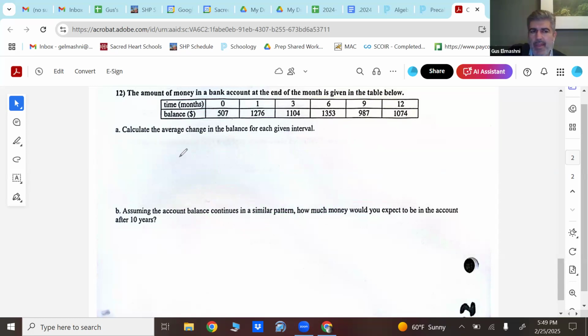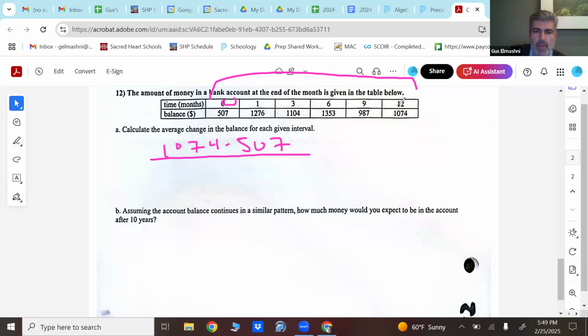If you did say find the average rate of change from 0 to 12, then you would do 1074 minus 507. And you can do it in terms of years, that'd be 0 and 1 year. This is 567 per year.